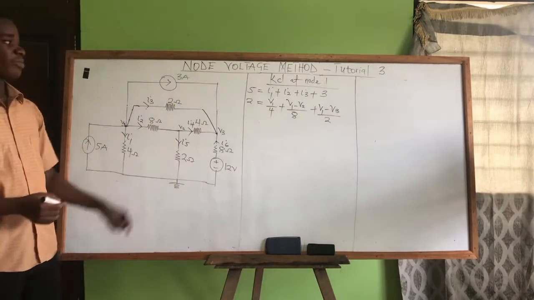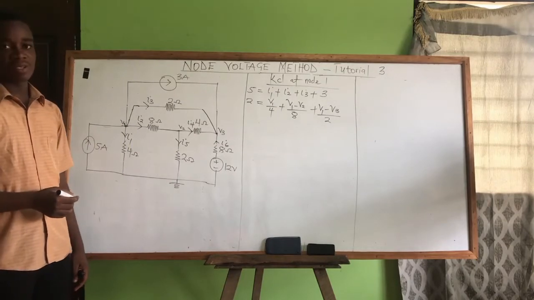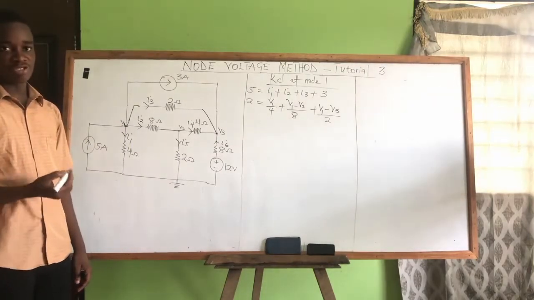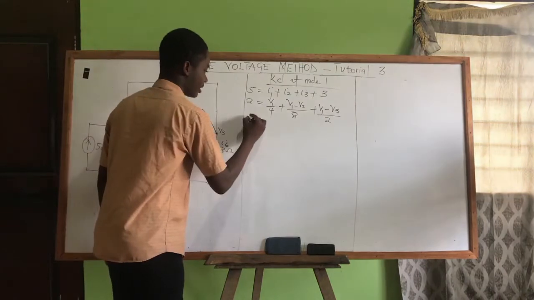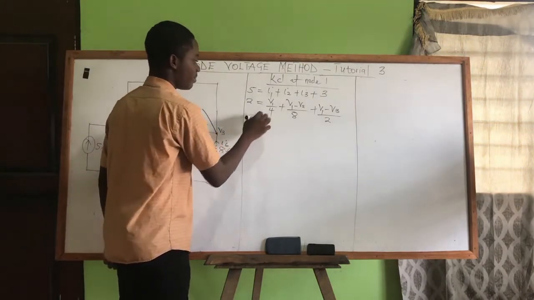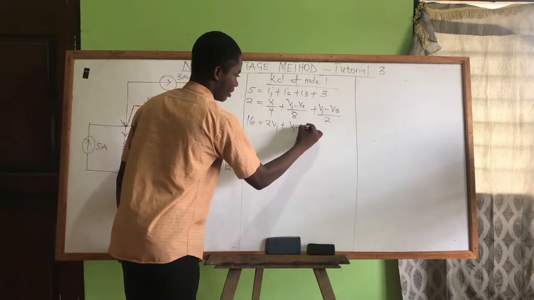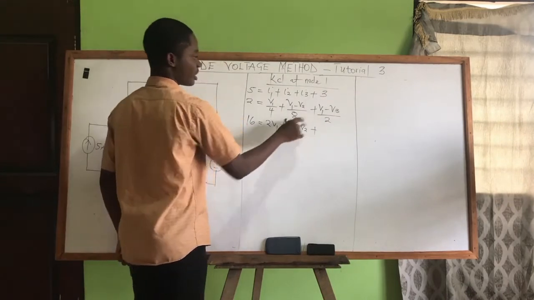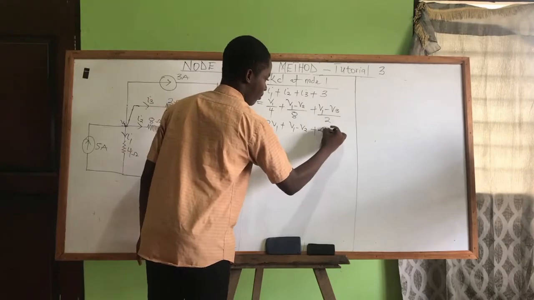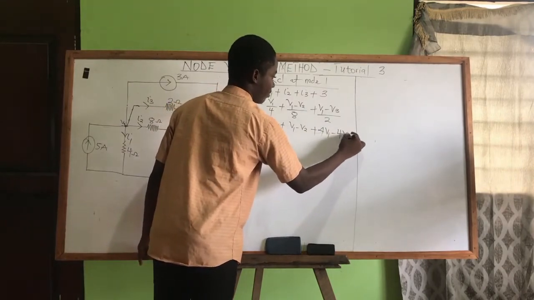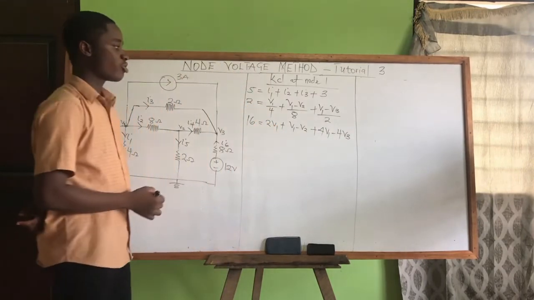So we can simplify this equation. The LCM is 8. So let's multiply 2 by 8, which gives us 16. 8 by here is giving us 2 V1 plus V1 minus V2 plus 8 multiplying this one is giving us 4 V1 minus 4 V3. Let's group like terms.